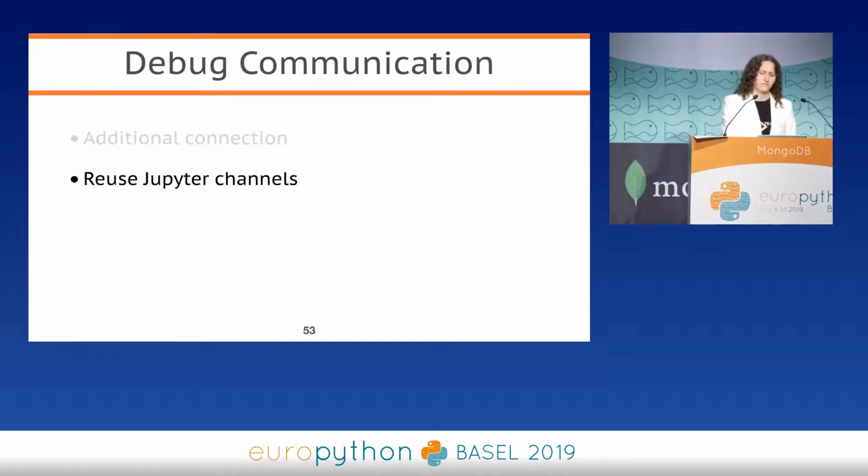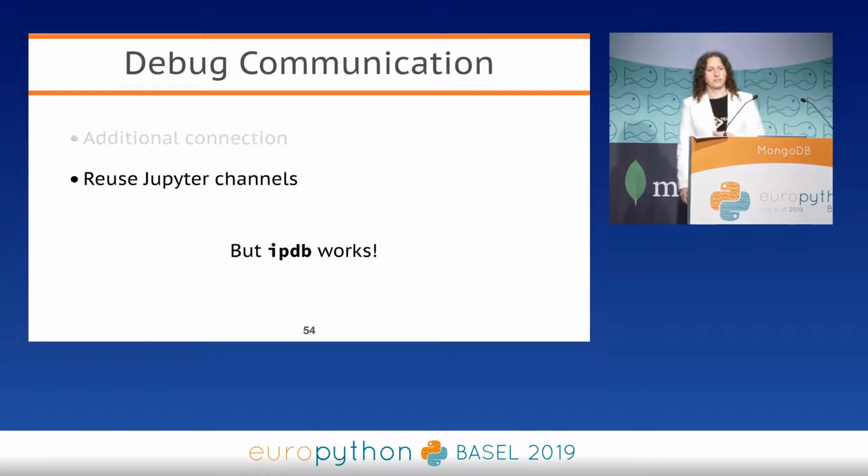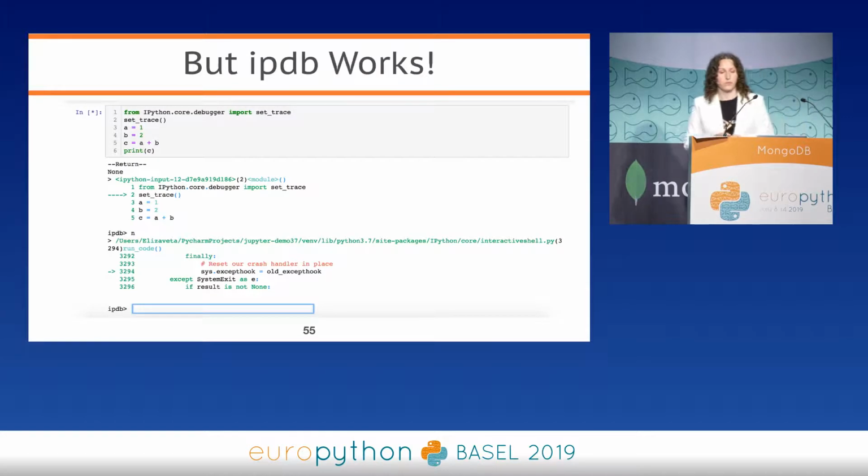But wait, everybody knows that IPDB works for both local and remote cases, and it doesn't require any connection. How does it do it? If you remember the workflow with the IPDB debugger, you understand how it works. To call the IPDB debugger inside your Jupyter Notebook, you need to add a call to the set_trace function inside your cell, and after that, the debugger starts, suspends, and asks you for some command.